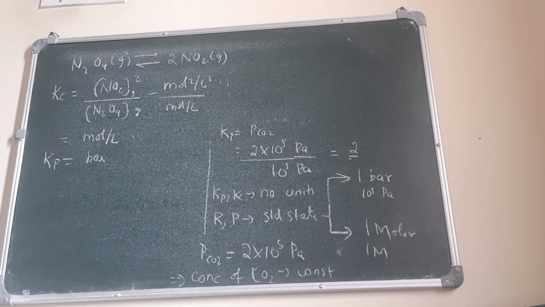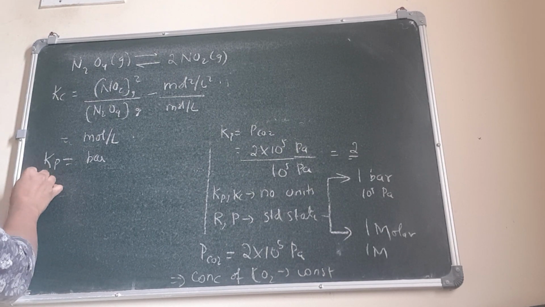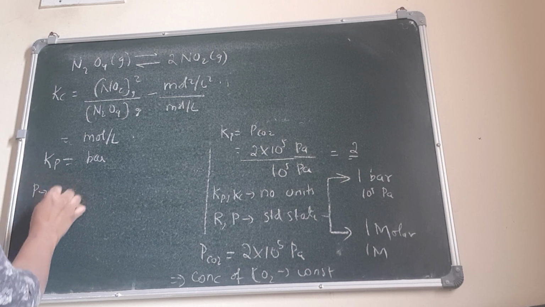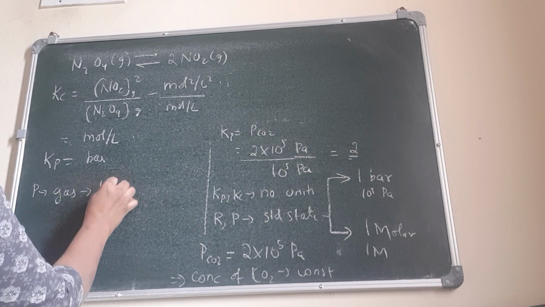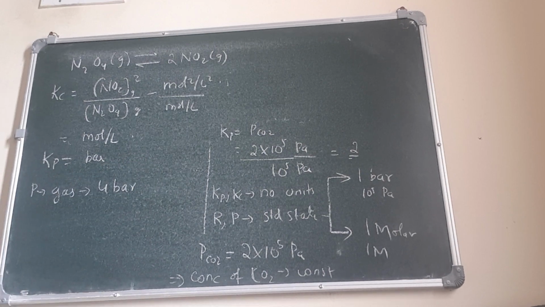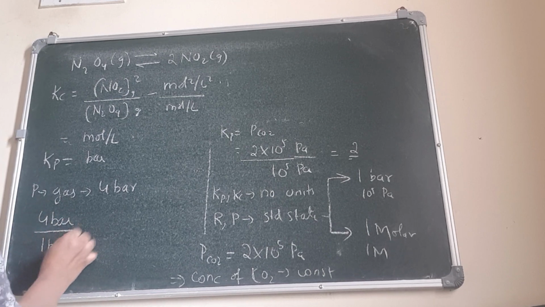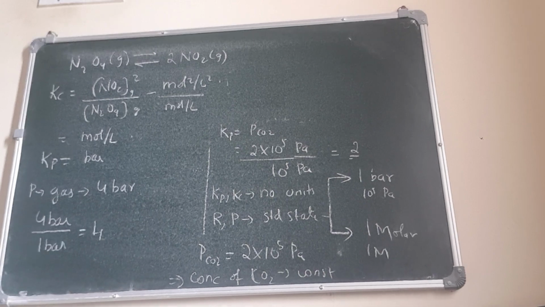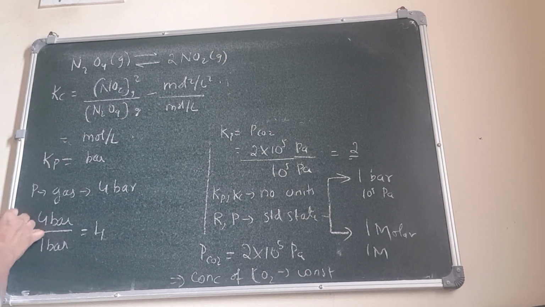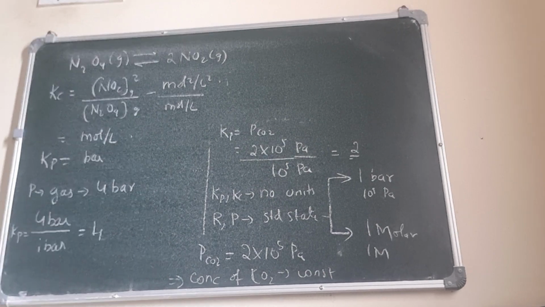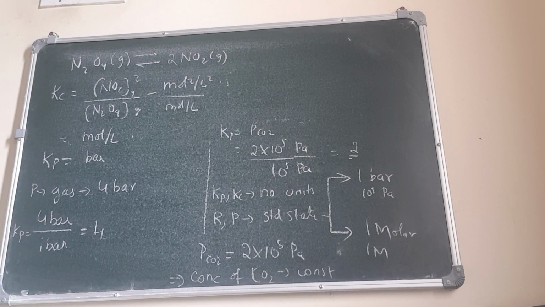For example, if you have a pressure P of some gas, let us say it is 4 bar. We always try to write 4 bar divided by 1 bar. So now it is just 4. So Kp in terms of pressure will be just 4, it doesn't have a unit.